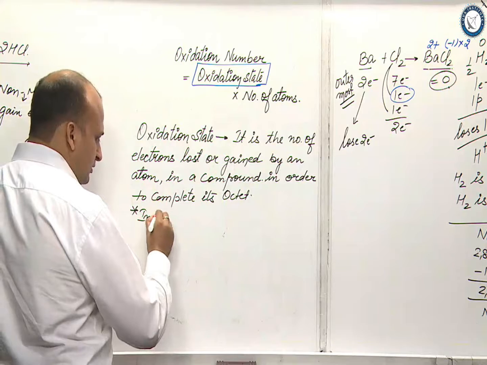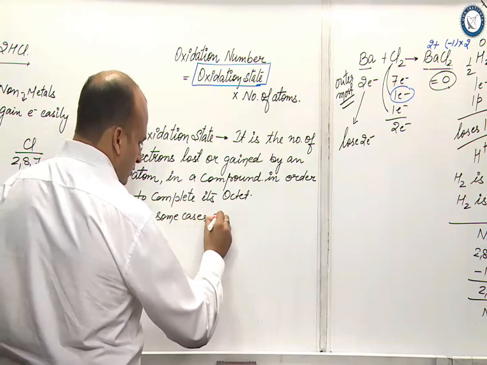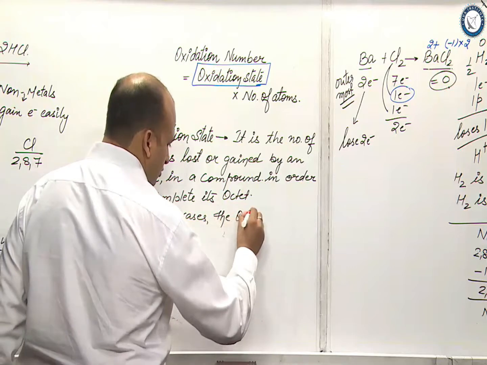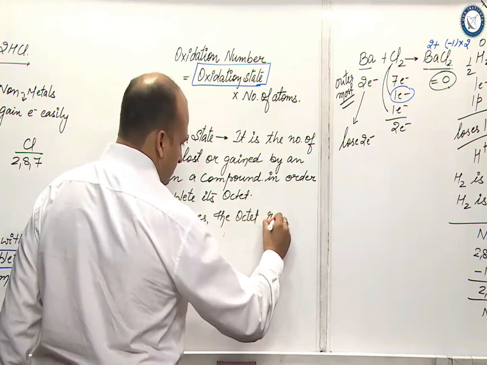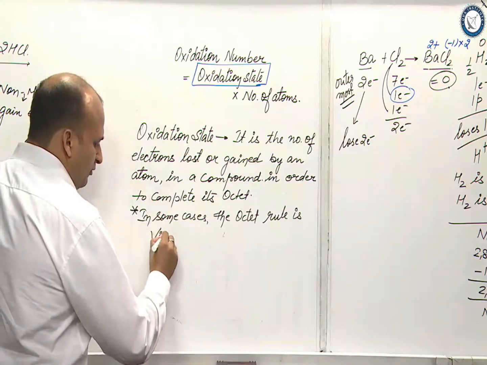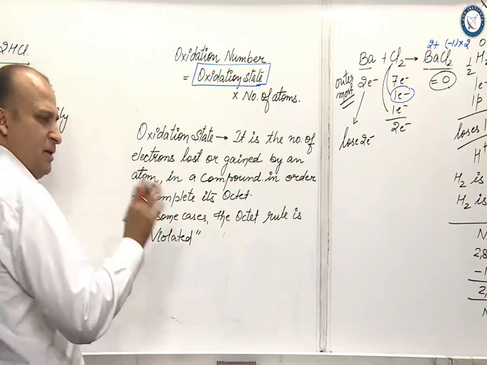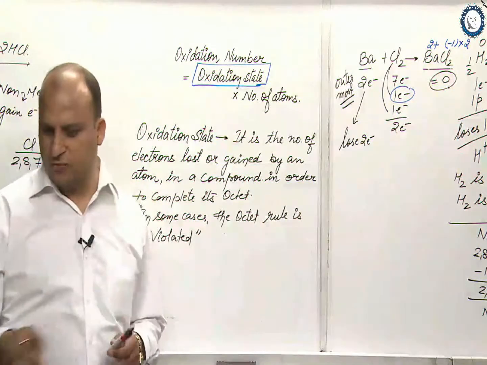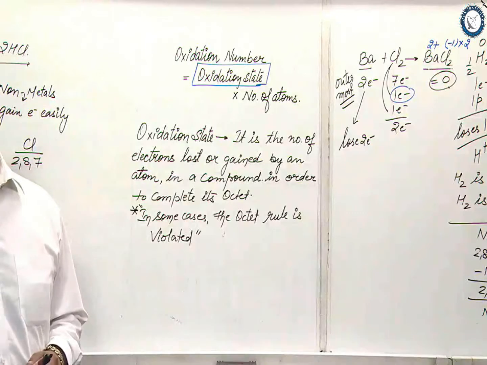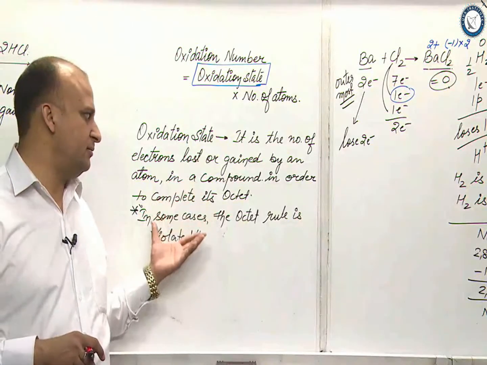In some cases, the octet rule is violated. कोई बात नहीं, we will not worry about this part, बाद में बात कर लेंगे, but in most of the cases the octet is to be completed. Okay?